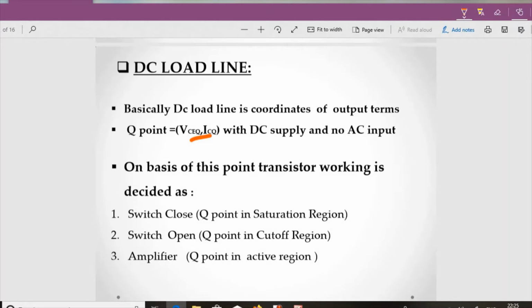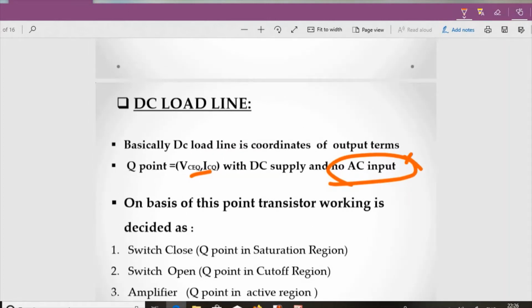It hints at the DC load line, and the Q point VCEQ and ICQ is with the DC supply and no AC input given. So at present we have no AC input, just the DC supply, meaning we are biasing the transistor and getting it to its operating point in the active region.